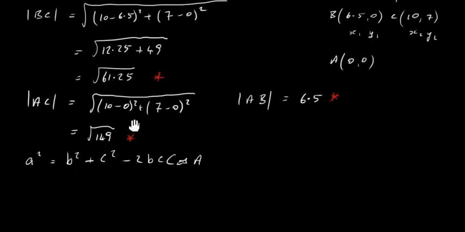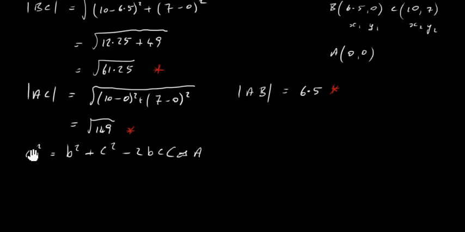So we're going to start with this one here, which is going to be this side here first of all. So we're going to start with 6.5 squared is equal to the other two sides squared. Well, this is one side here. We'll take this side here.